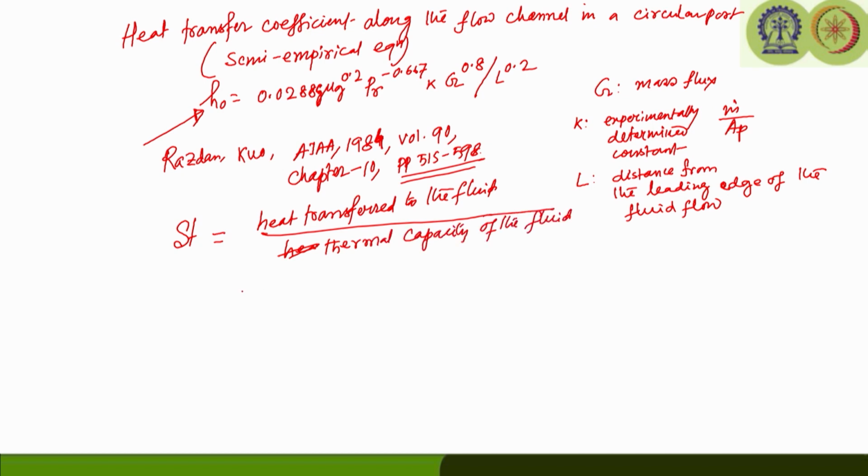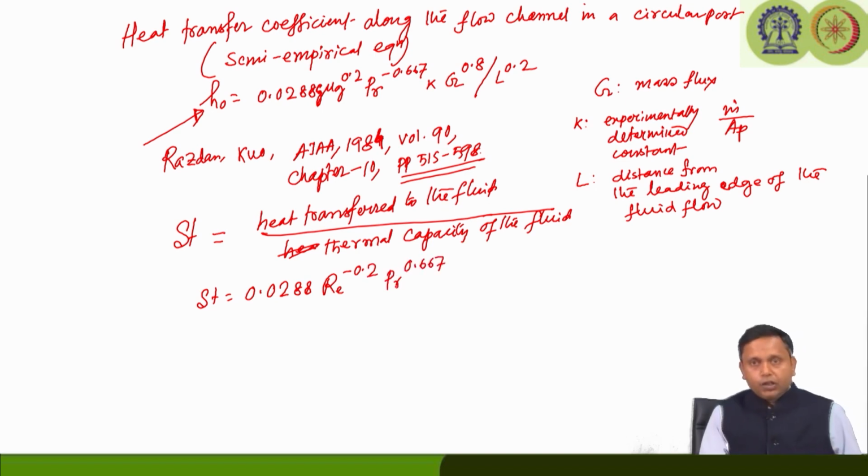Another correlation comes once we relate with the physical and flow properties of the fluid. So, we have the Stanton number in terms of, again a correlation, 0.0288, Reynolds number to the power minus 0.2, Prandtl number to the power 0.667. You can see this is coming directly from here.